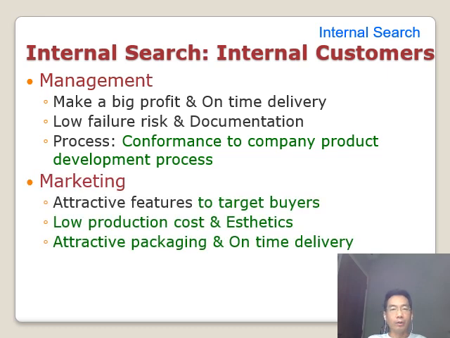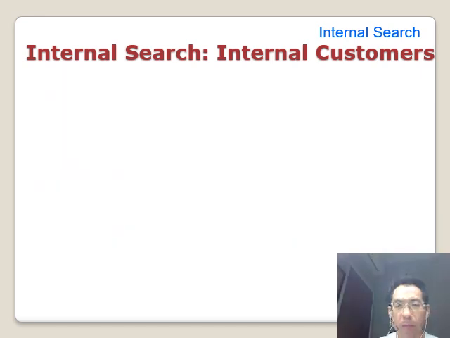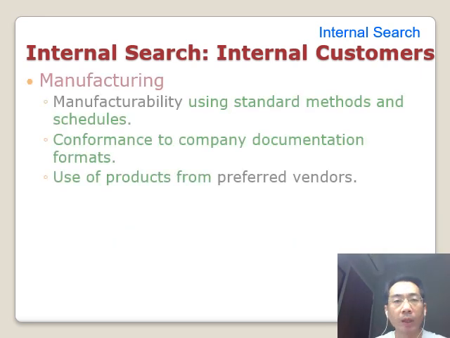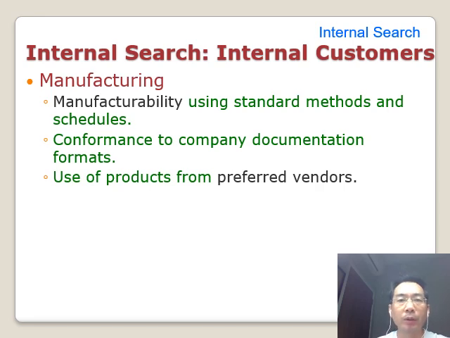The marketing team will look at how attractive the product is, so that they can do the commercial promotion to attract the customers. This may contribute to a very good marketing strategy. Then we can make the profit. Manufacturing is one of the internal customers.